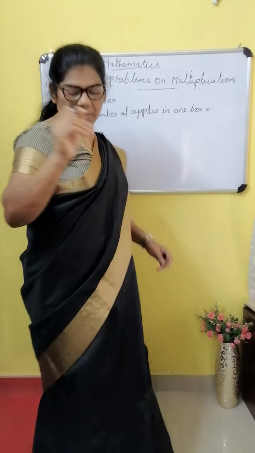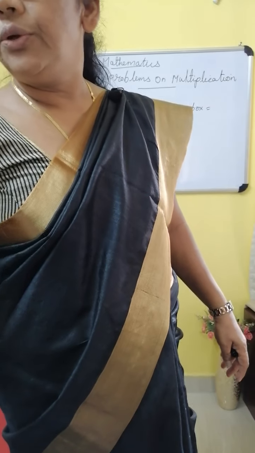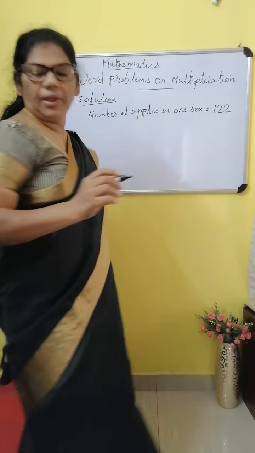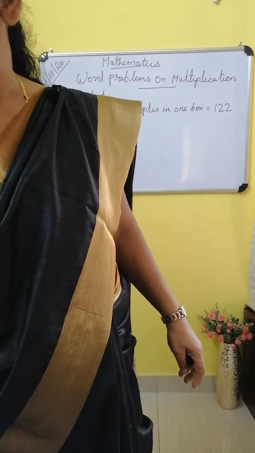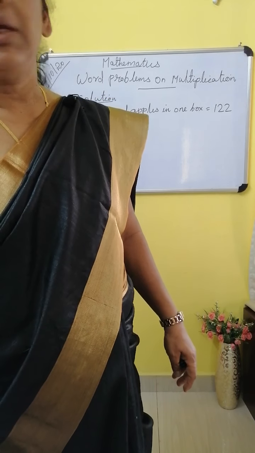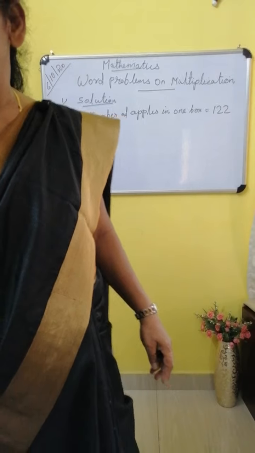How many apples are there in one box? 122. Then how many boxes are there? 32 boxes. So, number of apples in 32 boxes.